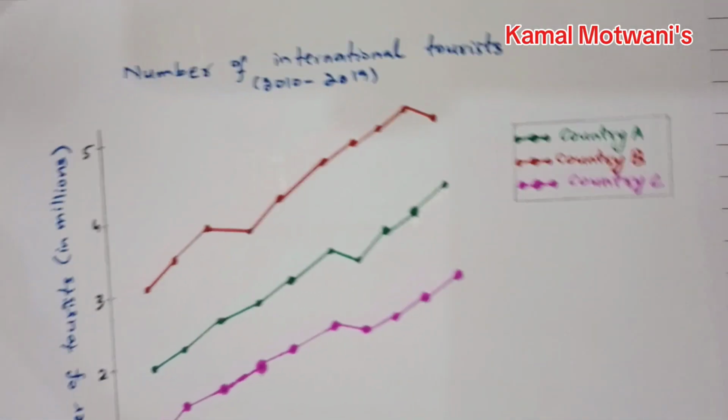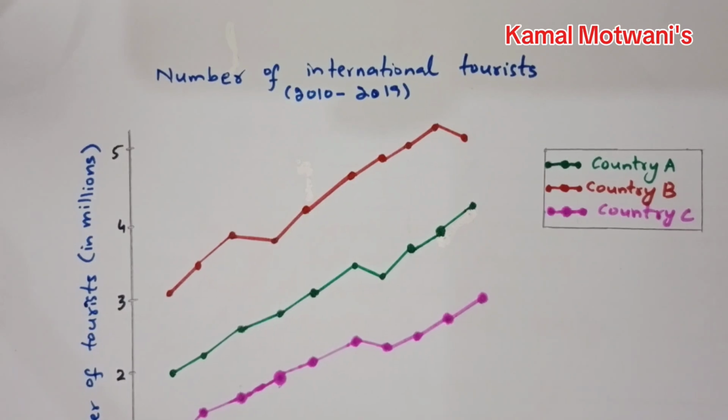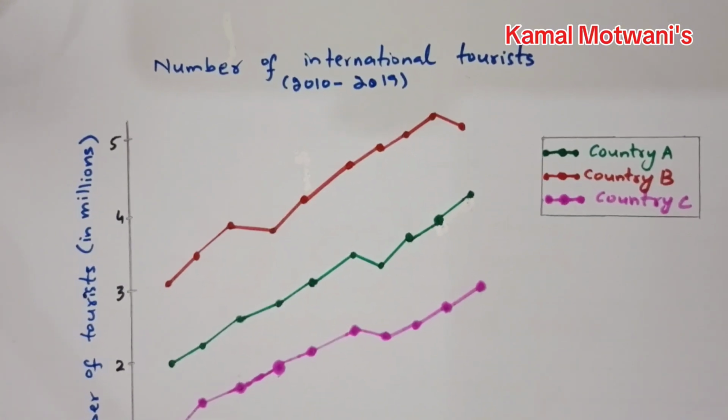It is very necessary to understand the graph whenever you are in the real IELTS exam. As soon as you look at the question and the graph given to you, just try to understand it. The understanding of the graph is very necessary in order to solve it.